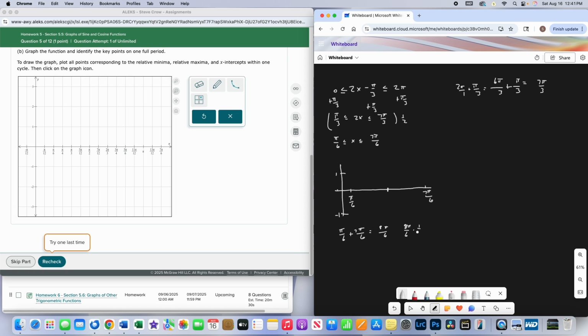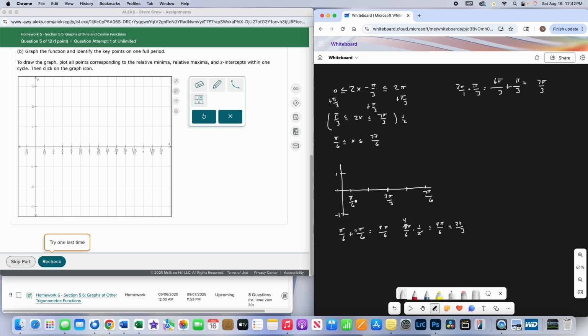Well, dividing by 2 is the same as multiplying by a half. And so you see the 2 cancels, the 8 cancels, and this is going to give us 4 pi over 6, which is equal to 2 pi over 3. And remember, ALEKS tells you to simplify your fractions, so we've got to make sure we do that.